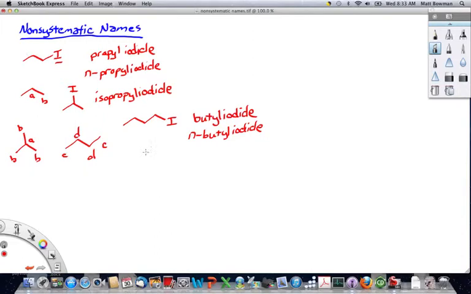Now you have 2 more. We have sec and tert. Sec is short for secondary. Tert is short for tertiary.